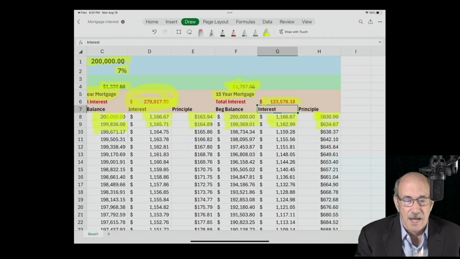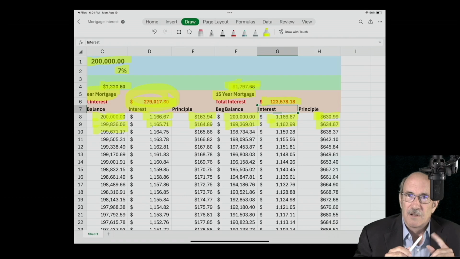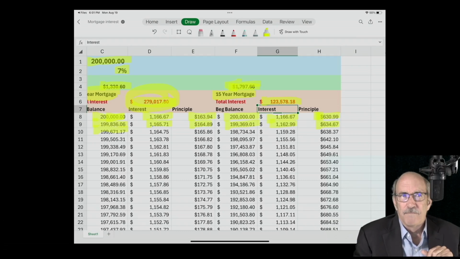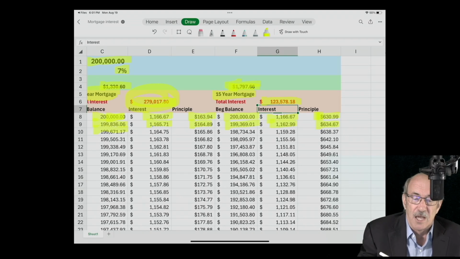I understand that. One thing, a kind of financial trick, if you will, is go ahead and get the 30-year mortgage, but make a payment as though you were paying off a 15-year mortgage. So get the 30-year mortgage and your payment is that $1,330.